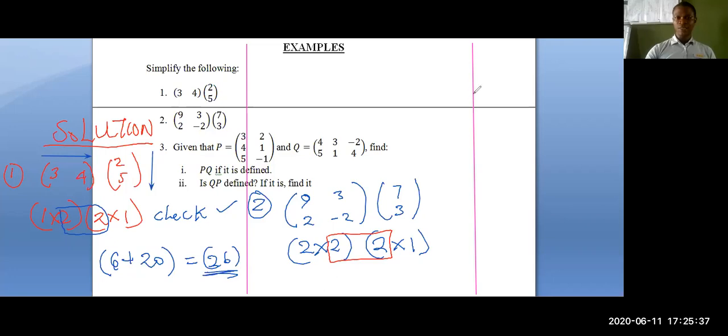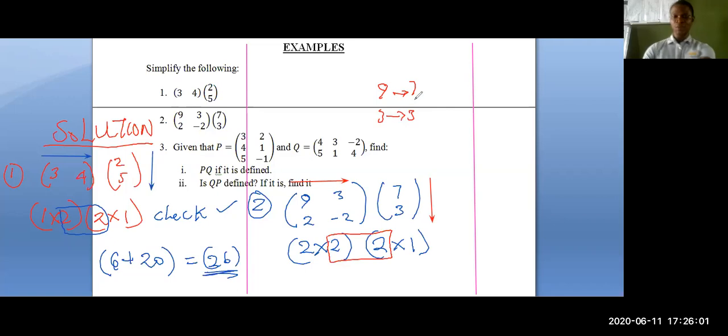So let's see that. So we'll now do the actual multiplication. Remember, it is row multiplied by column, each row of the first multiplied by each column of the second. All right, so in doing the actual multiplication, 9 will have 7, because when you stand 9 and 3, you're going to have 9, 3, they have 7 and 3. So this one will multiply this one, multiply this, then add the two answers together.